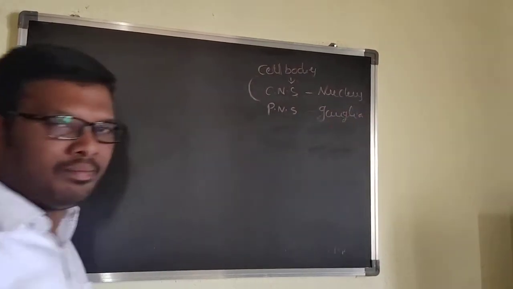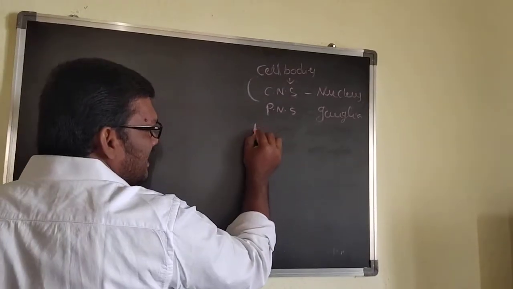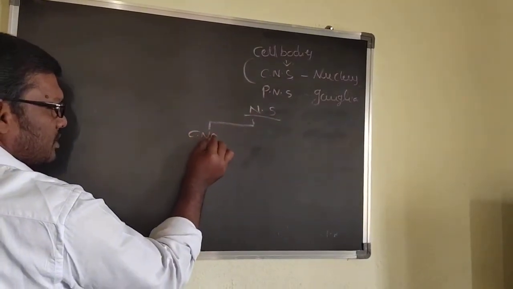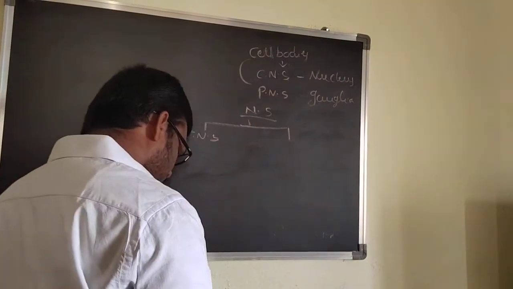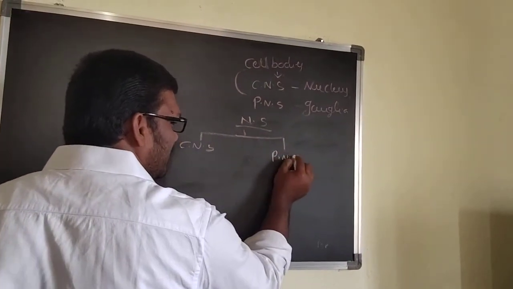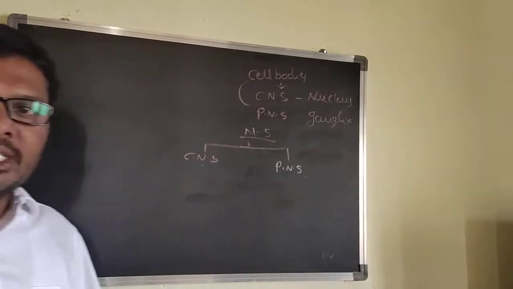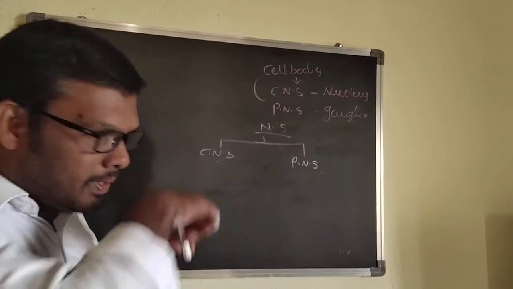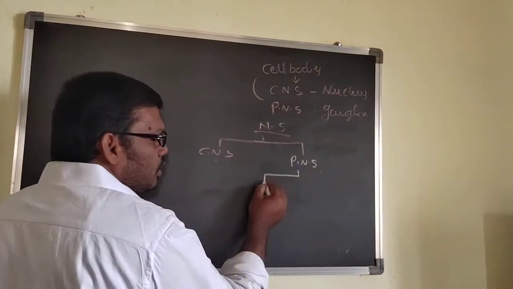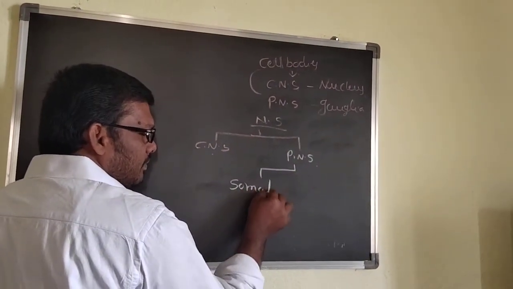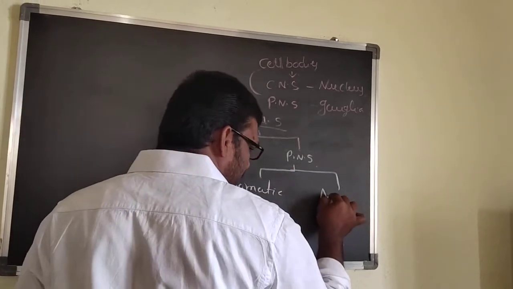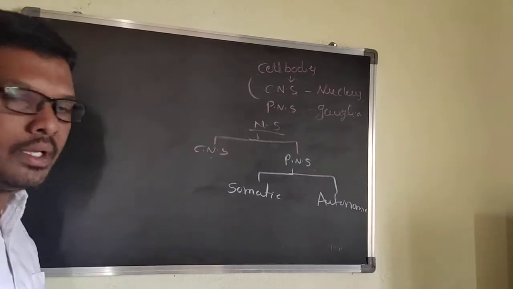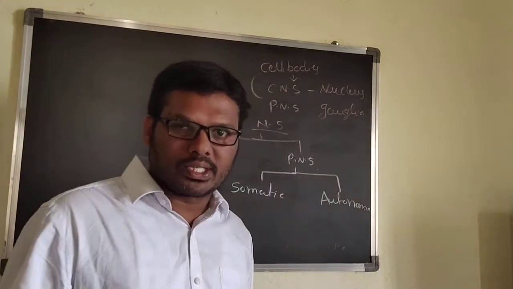Ganglia. See here, the nervous system can be classified into two types: one is the central nervous system, another one is the peripheral nervous system. I already said the central nervous system has the brain and the spinal cord. The peripheral nervous system can be classified into the somatic nervous system and the autonomic nervous system. What is the use of the somatic nervous system?